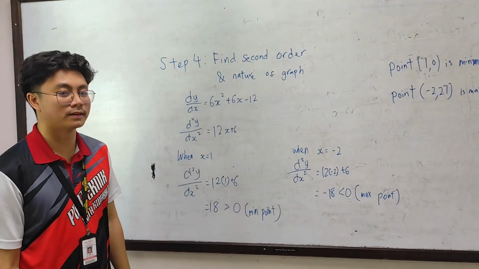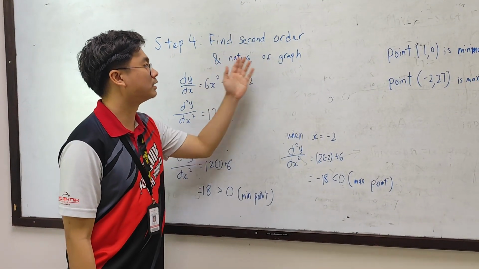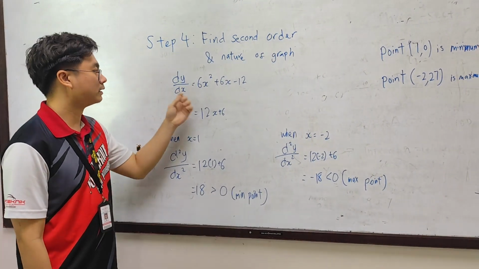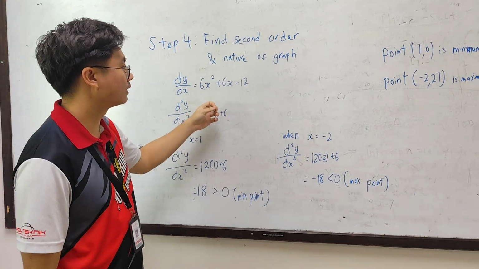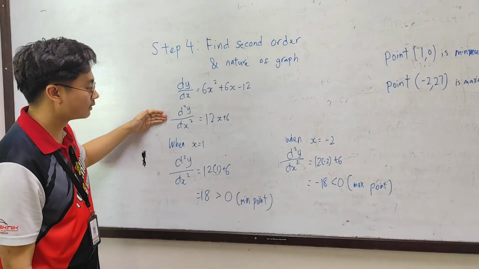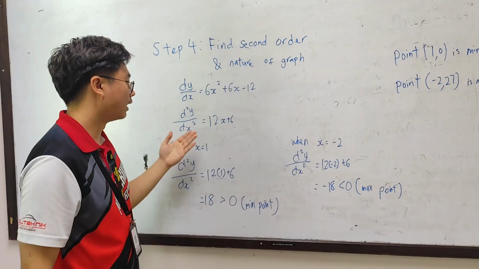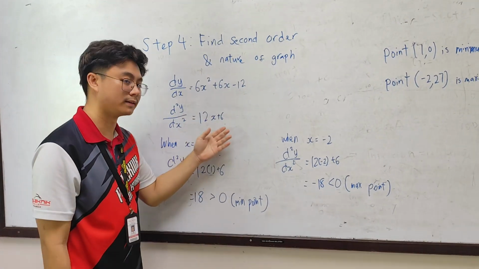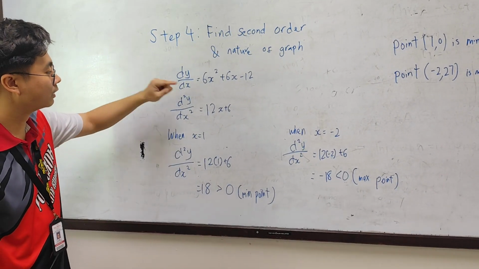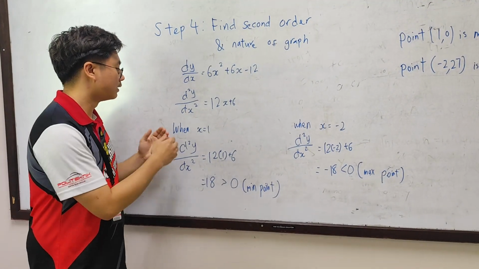Once we're done with step 3, we move forward to step 4, which is to find the second order and the nature of the graph. We already found the first order, which is 6x squared plus 6x minus 12. We differentiate again, and the second order answer is 12x plus 6. In the second order, we substitute x.